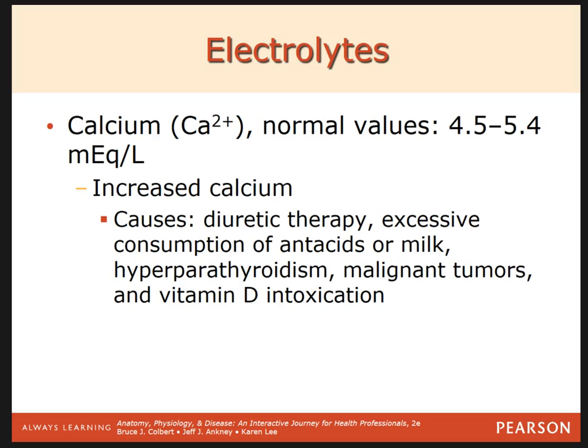So starting alphabetically with calcium, calcium has an elemental symbol of capital C lowercase a. And as an ion is a particle that is charged. Calcium has a +2 charge. The normal values of calcium should be between 4.5 and 5.4 milliequivalents per liter.